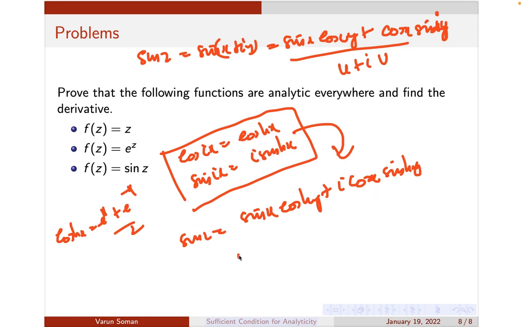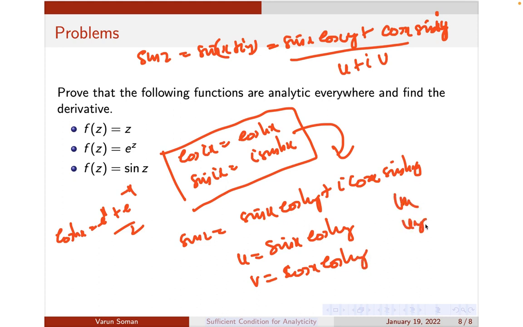Okay, from this you will be getting my u is equal to sin x cosh y, and my v is equal to cos x sinh y, and you check what is ux, uy, vx, vy. Please correct it. Okay, and you have to make use of the results of derivatives of hyperbolic functions.